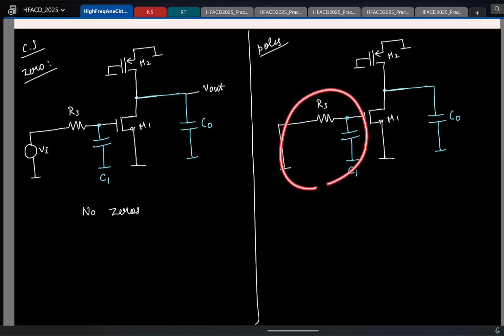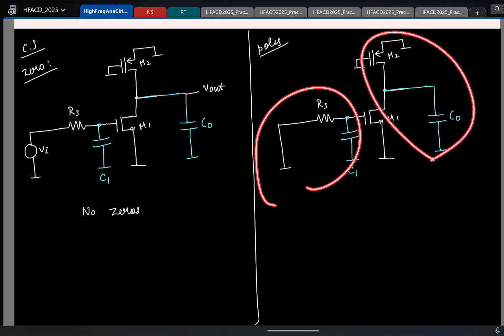Do you think these two RC sections are coupled? Think of it this way. One simple thing to do is, again, a hand wavy explanation. Let us say I short this capacitor C1. Do you think the resistance looking here will change? No. Similarly, if I short this fellow, will the resistance looking here change? So which means these two capacitors are not coupled to each other, right? Again, not going into a lot of details, but this is okay.